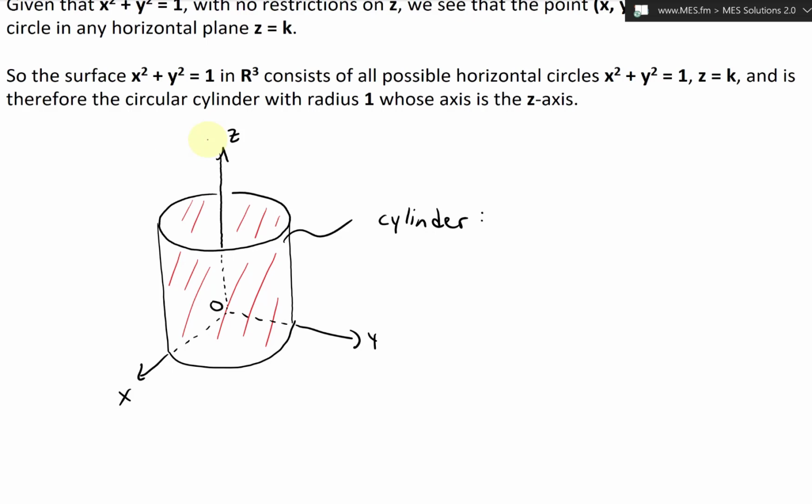All right, so there's our cylinder, x squared plus y squared equals 1. And the radius across here is 1, r equals 1, from there to here. So these are going to be 1, 1, etc.